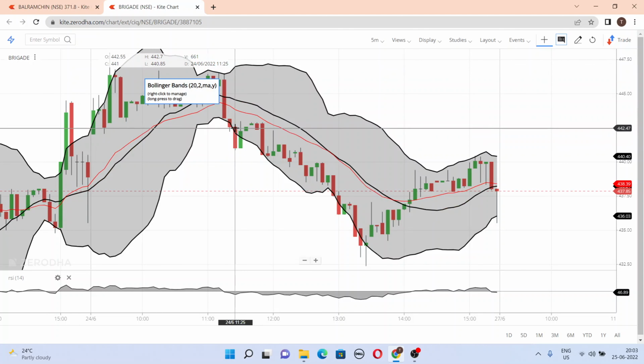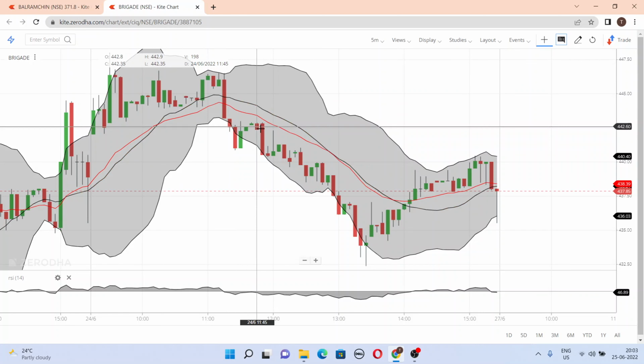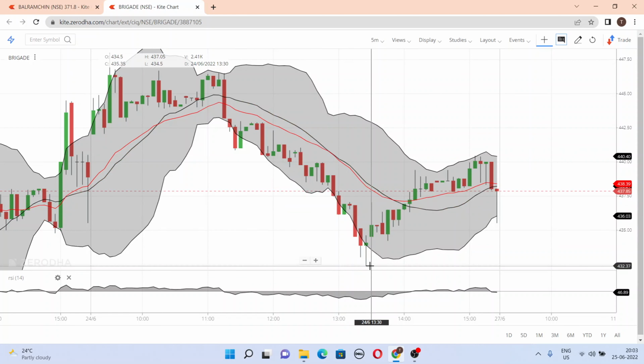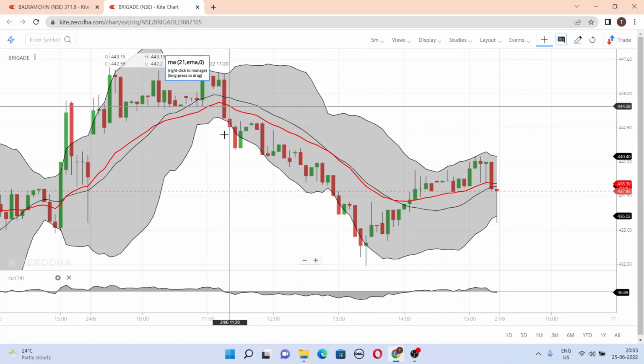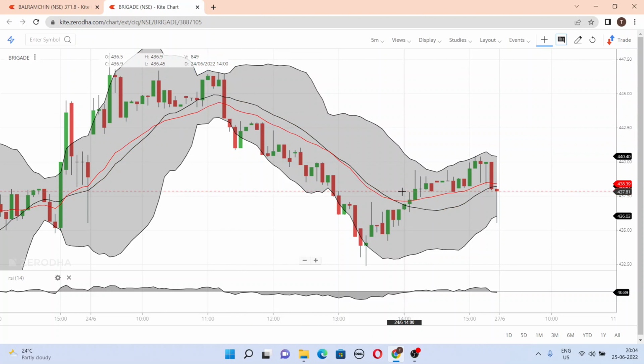As you can see, post that Balrampur Chini made a downward move, and eventually it made a low of 432. So nearly 2.5% returns, which is again very decent. Even in terms of RR, it's almost 1 is to 2.5, which is very very good.